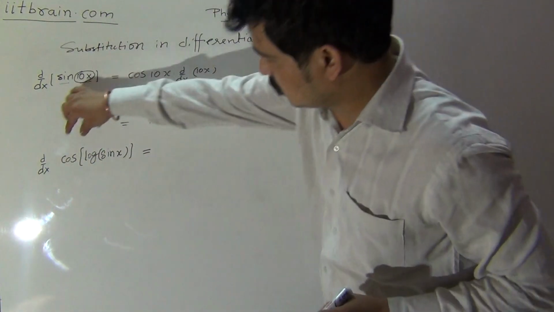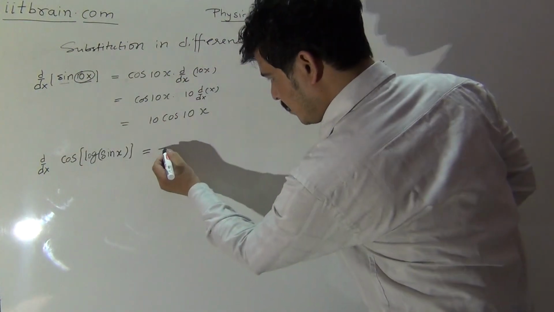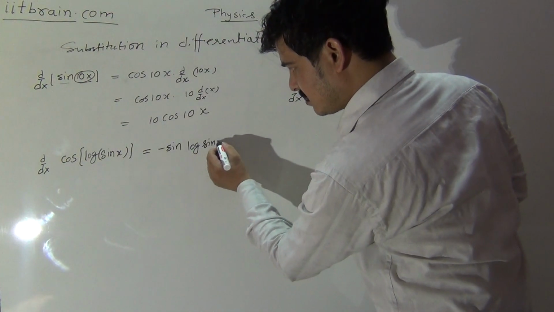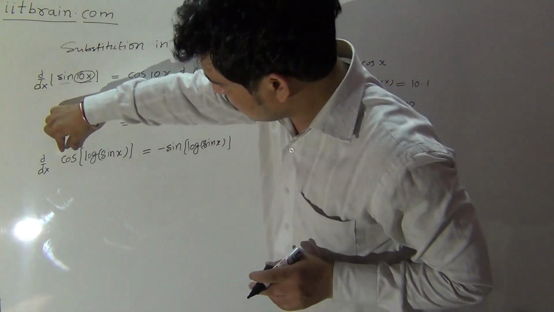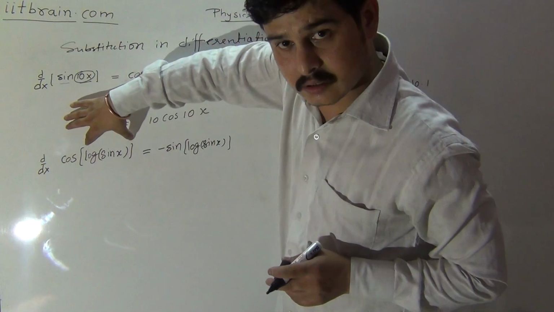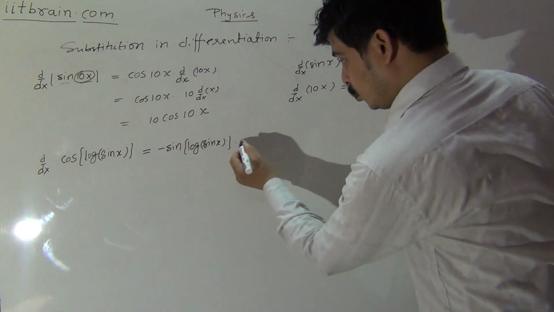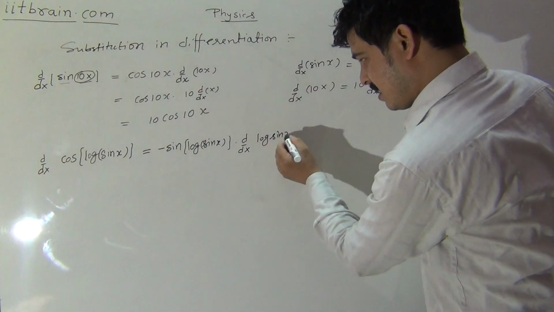We know that the differentiation of cos x is minus sine x. So first step will be minus sine log sine x. First differentiate this function as it is cos x. So cos x is minus sine x. But you should differentiate the term in the place of x again.